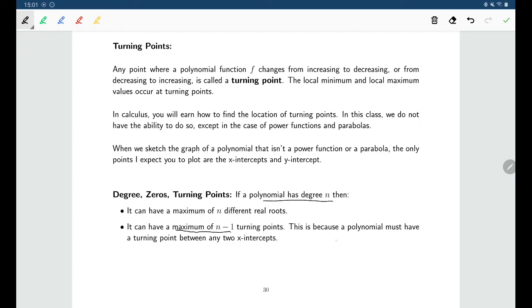And the reason for that is if you have, for example, a degree n polynomial, you can have as many as n different x-intercepts, and those maximum and minimum values would happen between those x-intercepts. So however many x-intercepts you have, in this case I've drawn 4 x-intercepts, you can have as many as 3 turning points in between those x-intercepts.